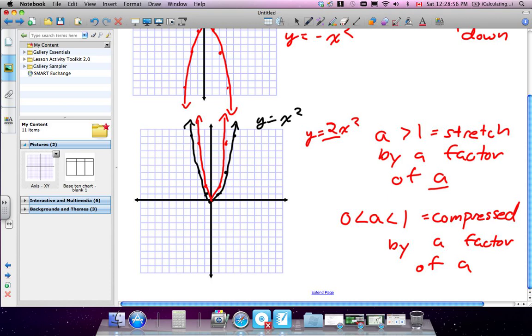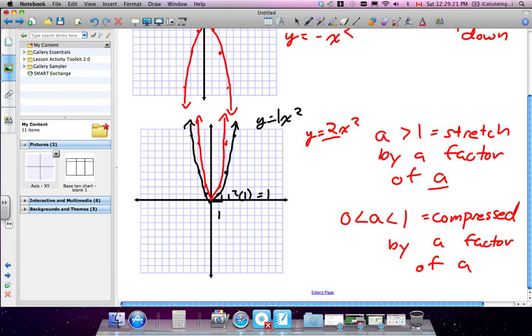This time you go over 1 and up by a factor of whatever a is. Technically we do that in the normal one, but in the normal one a is 1. So if I go over 1, up 1 squared, which is 1, and then multiply by 1, I still get 1. It makes no difference. Whenever a is different, you have to multiply by that number.